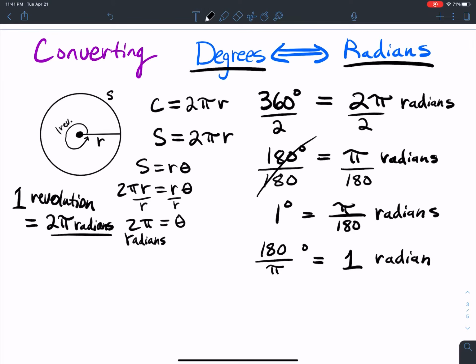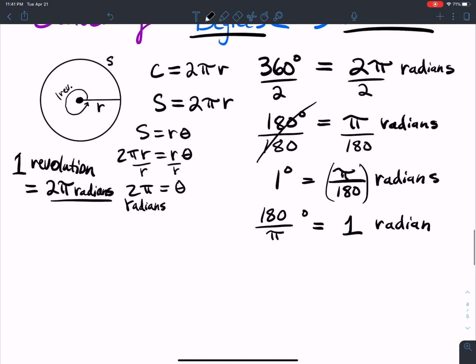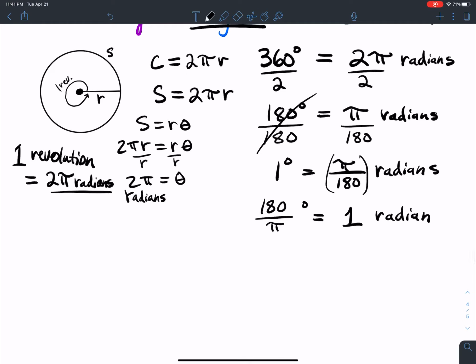So all I did was multiply both sides by the reciprocal. The reciprocal of pi over 180 is 180 over pi to get the other flip side. So why is this important? It gives us the 2 conversion formulas we need.